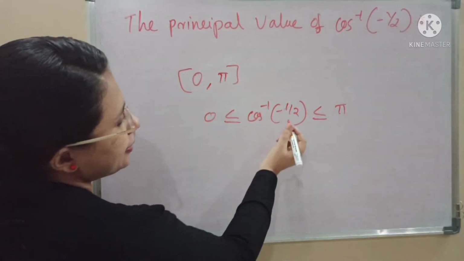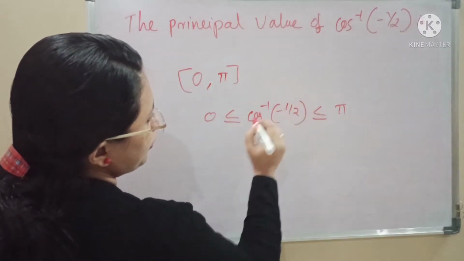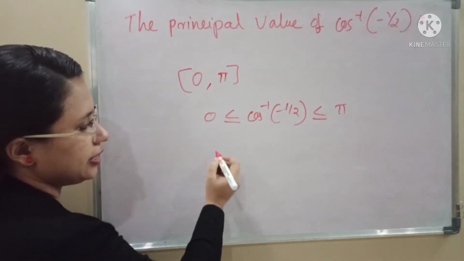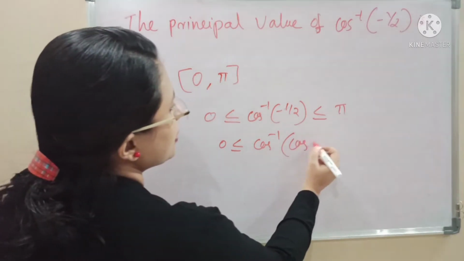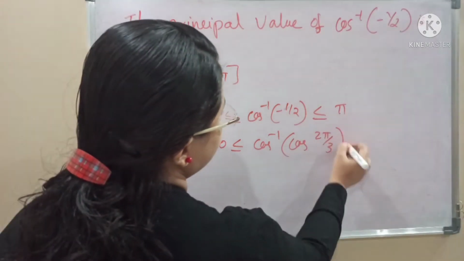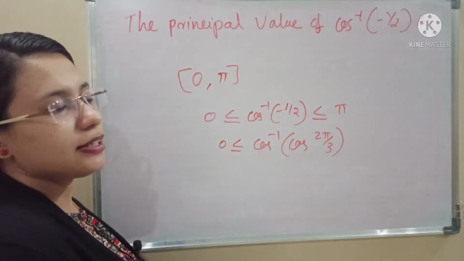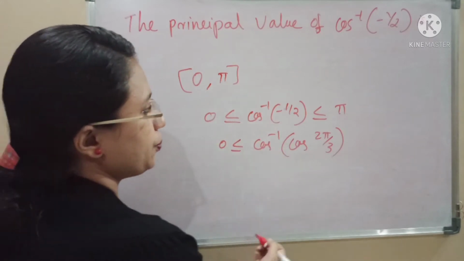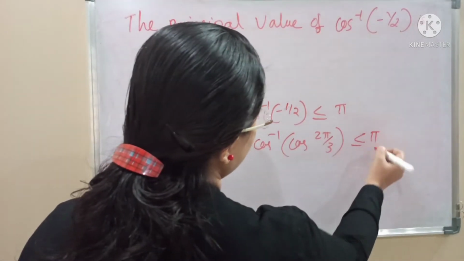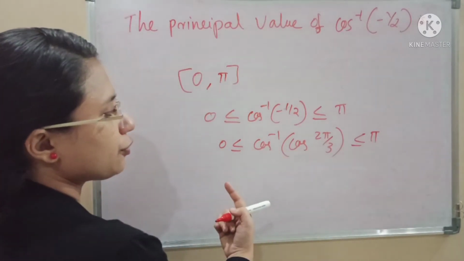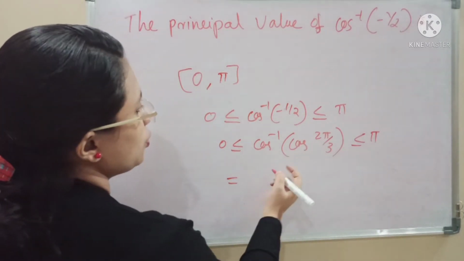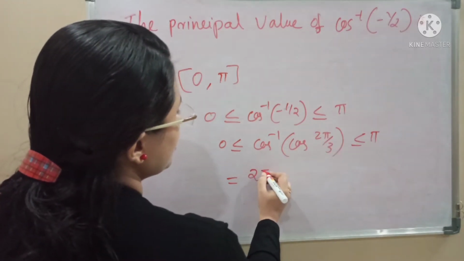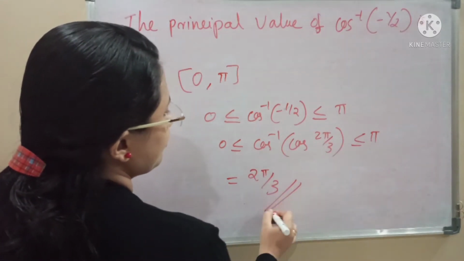And the value of minus 1 by 2 is cos 2 pi by 3. Cos 2 pi by 3 is minus 1 by 2. Now what is cos inverse of cos? That will get cancelled. So our principal value is 2 pi by 3.